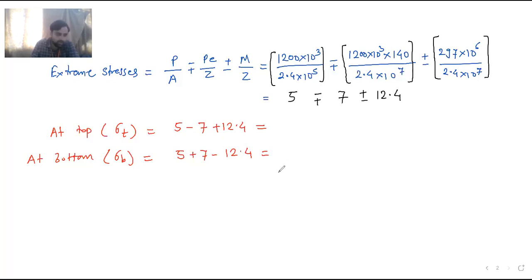So at top it is 10.4 Newton per mm square, and at bottom it is minus 0.4.